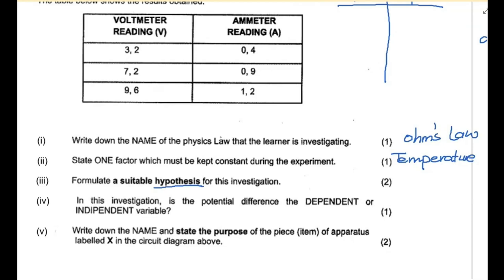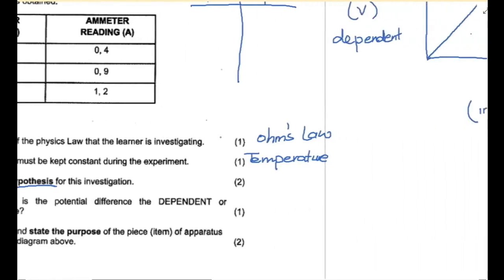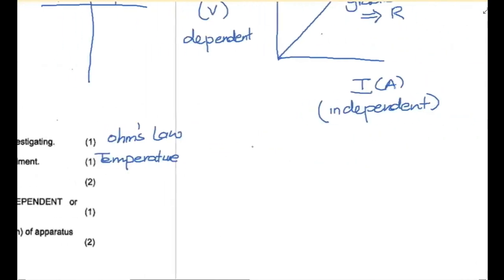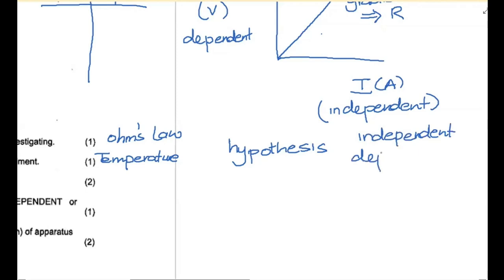The IEB have something called the subject assessment guidelines, and they state in there what is needed for a hypothesis. In general, when you have a hypothesis, you must mention your two variables. You must talk about your independent, and you must talk about your dependent.